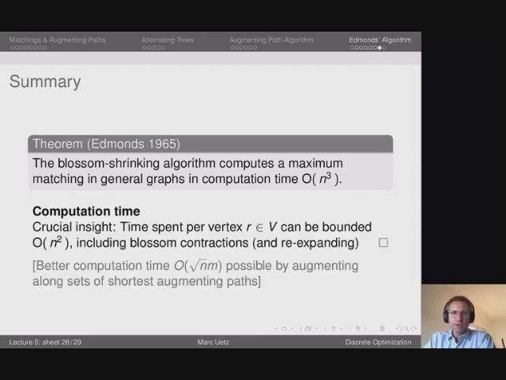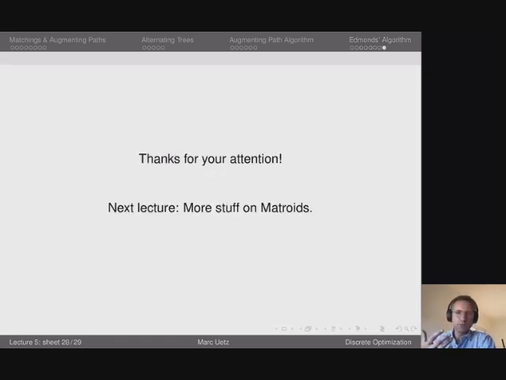And the question is, can we actually compute maximal independent sets which are independent in 2 matroids simultaneously? And the answer is yes. And that is again going to be an algorithm by whom? Of course, by Jack Edmonds. And that is the topic of the next lecture.